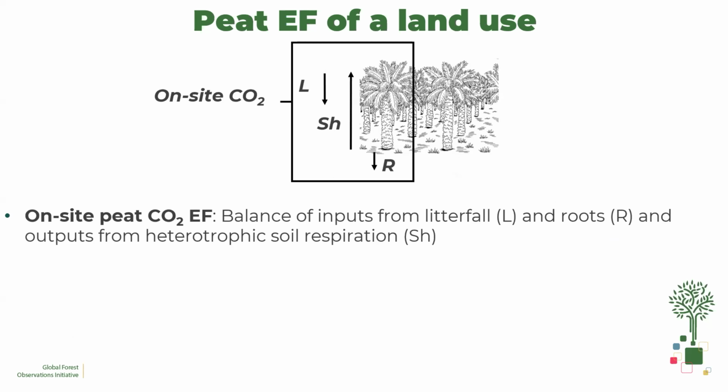The on-site CO2 emission factor is a key factor in the balance of greenhouse gases in peatlands. It's computed as the balance of carbon that enters through the soil from litterfall and root mortality, and the carbon that goes out of the peat from heterotrophic soil respiration.